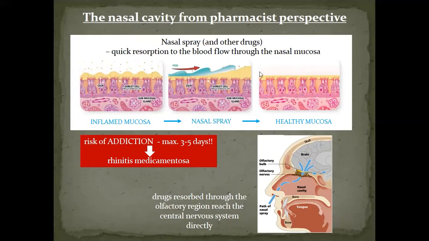Okay, so from a pharmaceutical perspective, with the nasal cavity, maybe the most important things are the nasal sprays or nasal droplets. The nasal mucosa is very, very rich in vessels, and this is why there is a very, very quick resorption possible through the nasal mucosa.